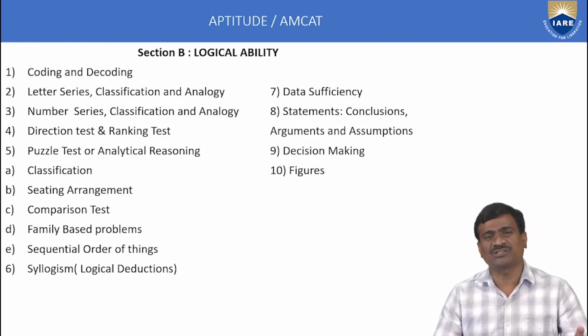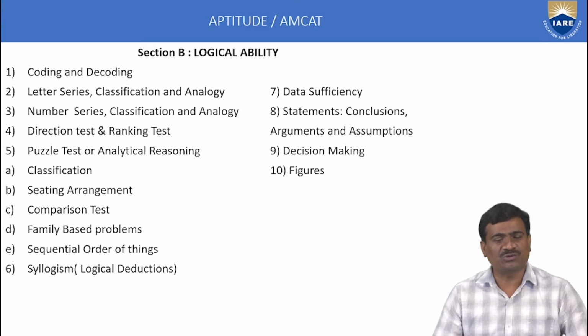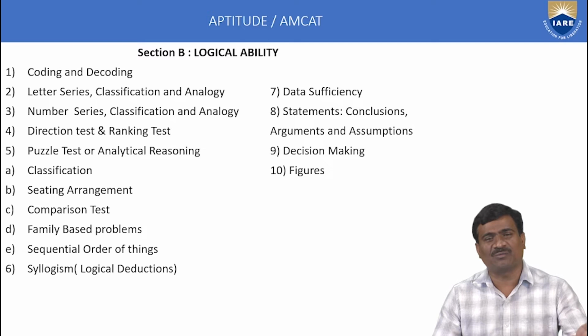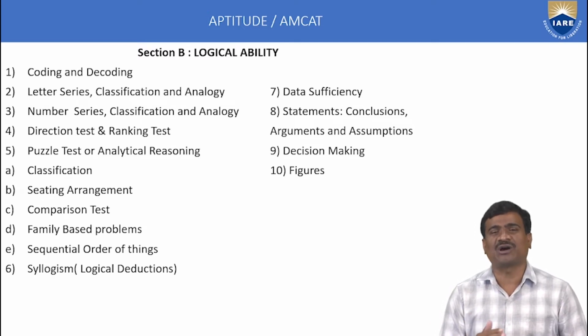The type of questions is what is important for Section B. You need not concentrate on the advanced level. Out of 100 percent, 5 to 10 percent of the questions are advanced, and 90 to 95 percent are only basic to average level.